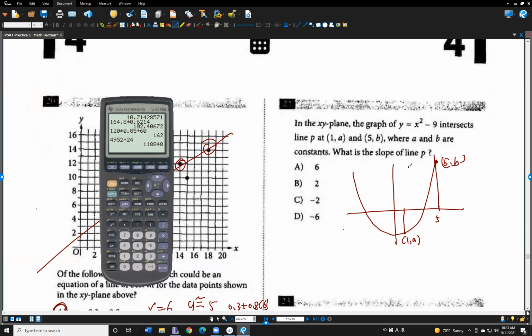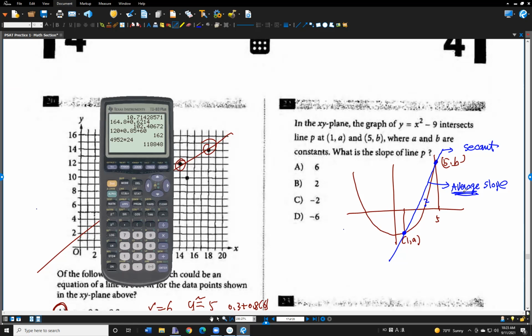So we're going to find the slope of line P. This line is called a secant. The slope of the secant equals the average slope. We use average slope because every point has a different slope, so we don't care about the middle, just the starting point and final point. That's why we call it average slope.